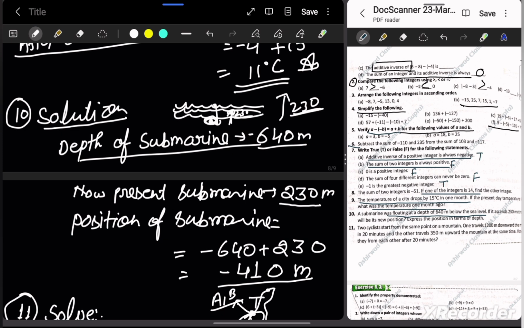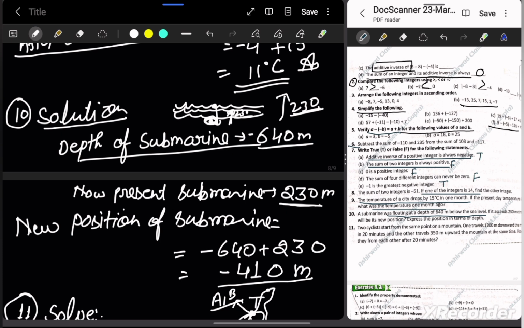So firstly 640 meters, now it has gone up 230 meters. New position of the submarine is minus 640 plus 230.